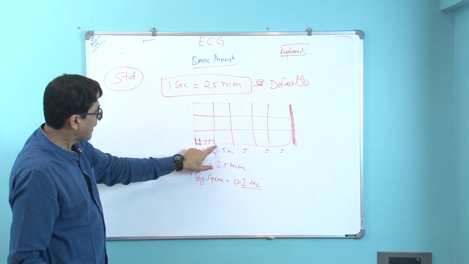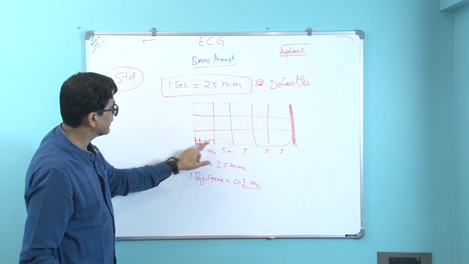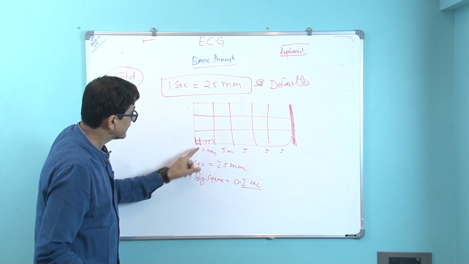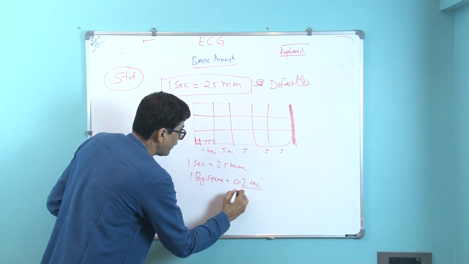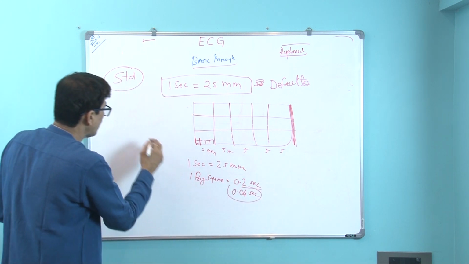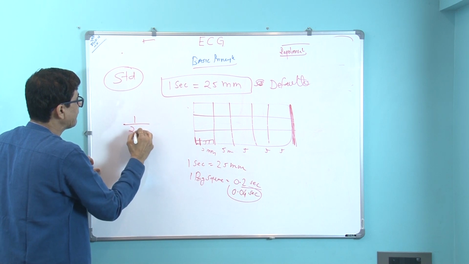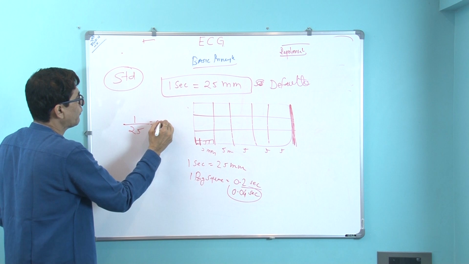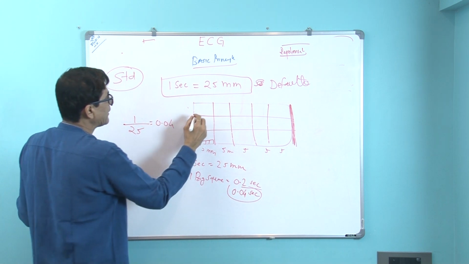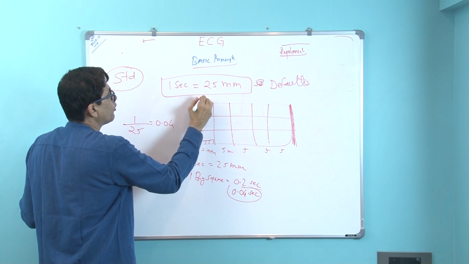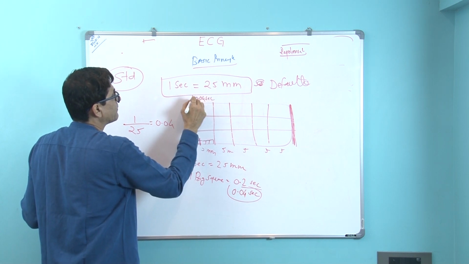Between two small squares it will be 0.04 second, or in short 1 divided by 25. 1 second is 25 millimeter, so the distance between two small squares is 0.04 second.